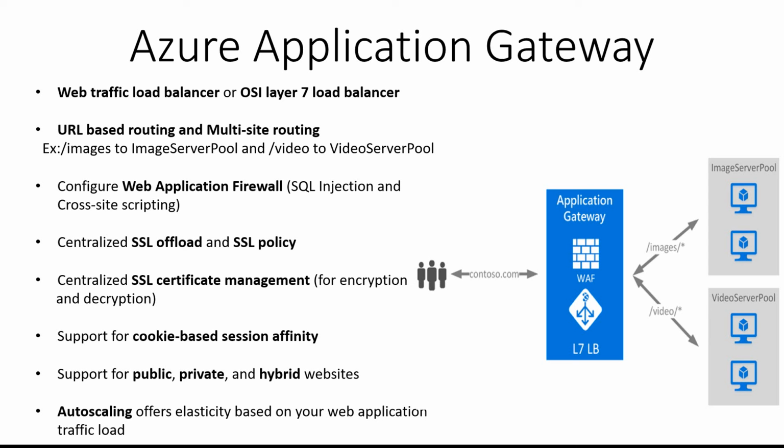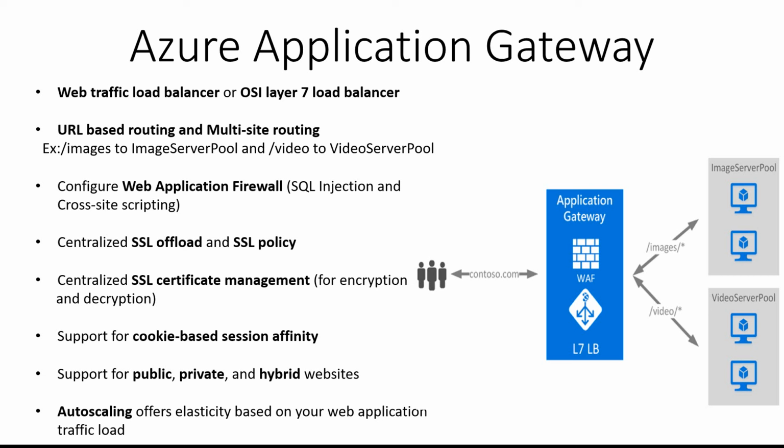I mean, the previous ones were OSI layer 4, all network based traffic, and OSI layer 7 is application. We are talking about the pure application that is deployed, even the data being transferred over the network. So look at the layer 7 load balancer, and this supports both HTTP and HTTPS.